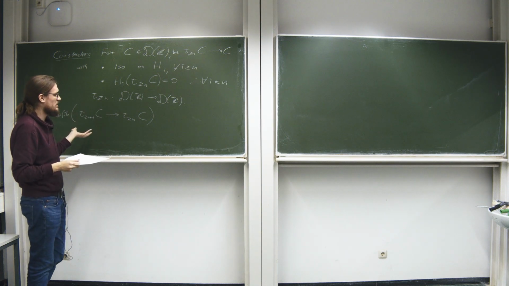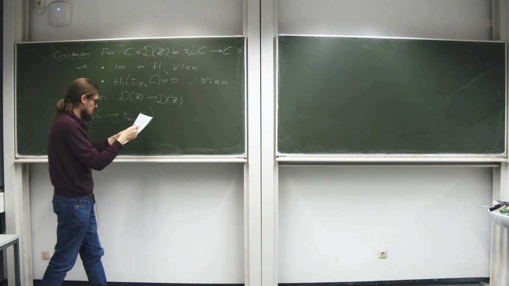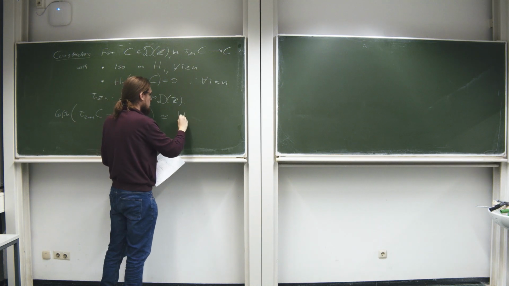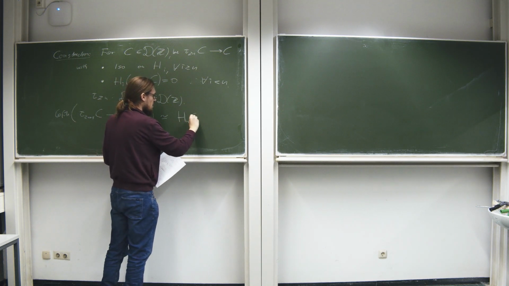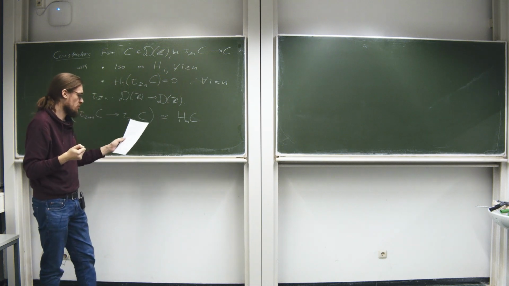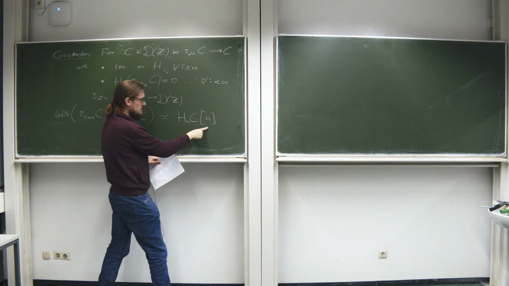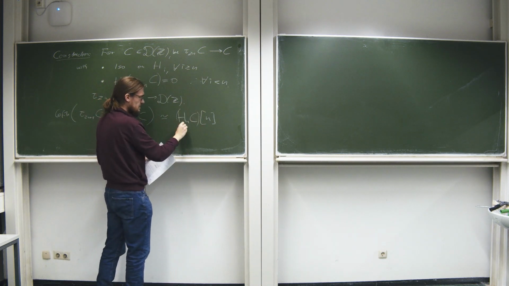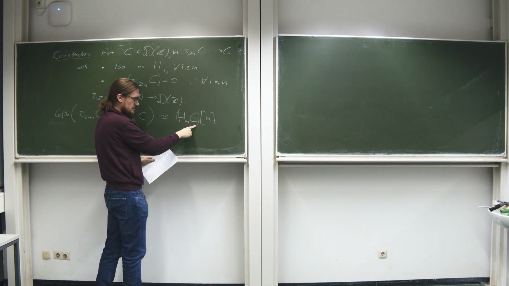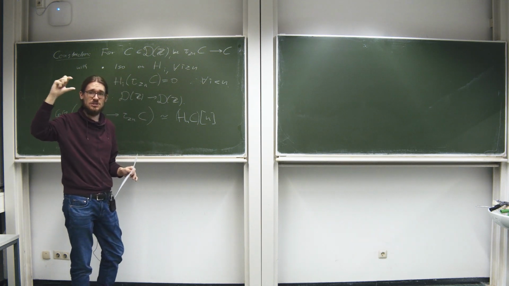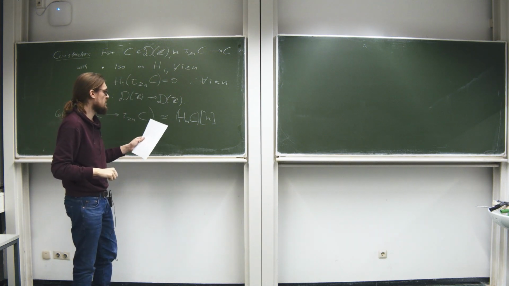Since for a cofiber sequence you have long exact sequences on homology, it's not hard to see that here you get a complex which just has a single homology group, namely the nth homology group of your original complex in degree n. So I'm going to write that like this. I have this complex, just the single abelian group H_n(C), and then I shift it to degree n. This is the complex that just has H_n(C) in degree n.